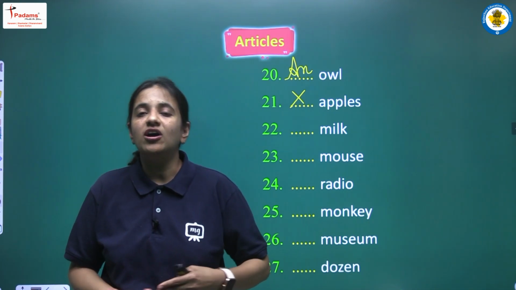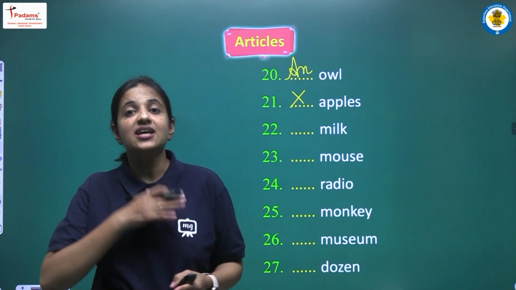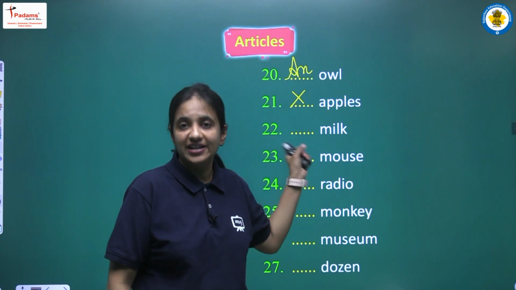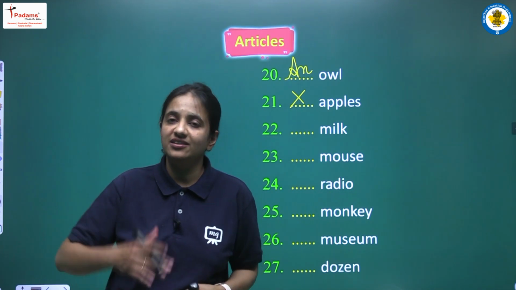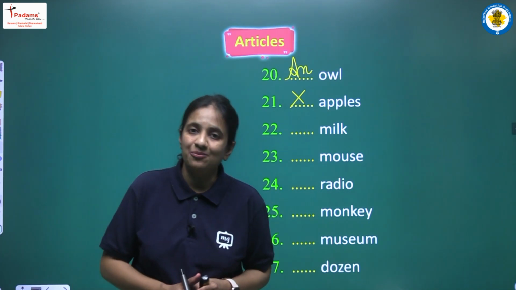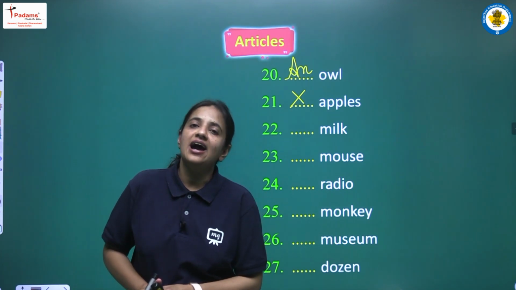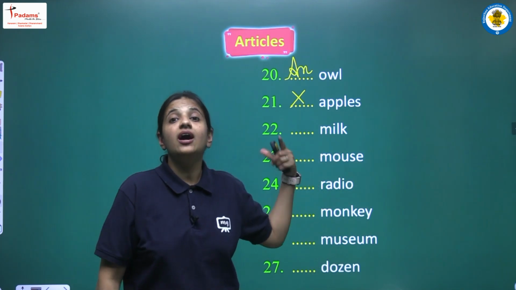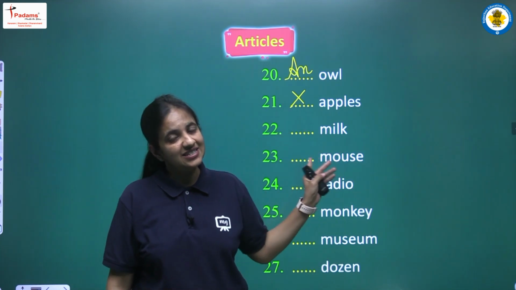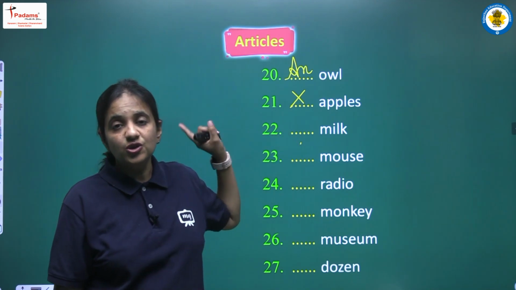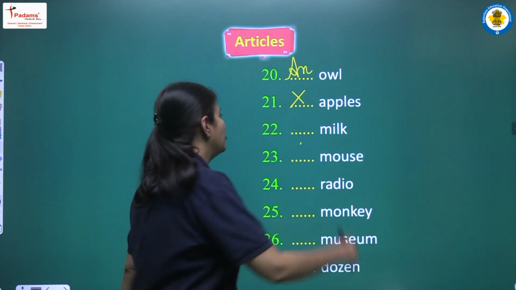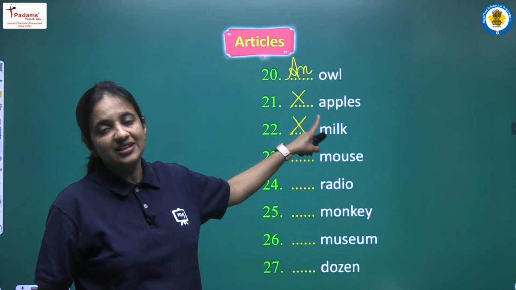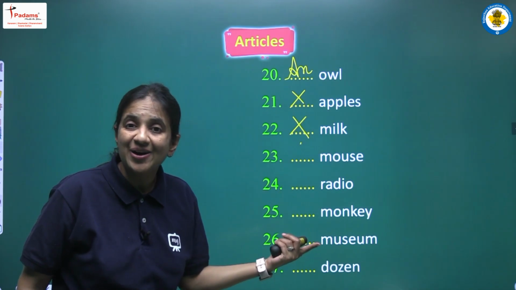So milk or all the other liquids, they are known as uncountable noun, and this is the reason that we cannot use article here, because we have read the rule, we have seen the examples also that A or N, they are used for singular countable nouns only. So we are having uncountable noun here, and this is the reason we cannot here use any article. So yes, we have to put one cross mark here before milk. Why? Because milk, it is one of the uncountable noun.